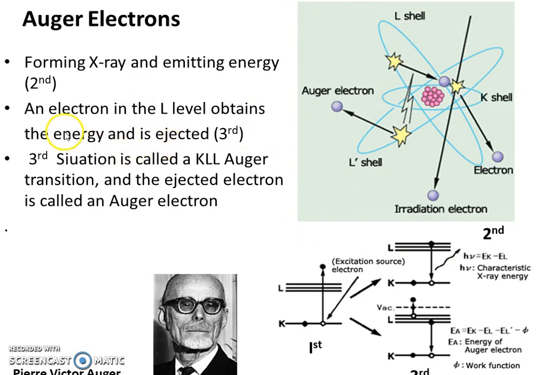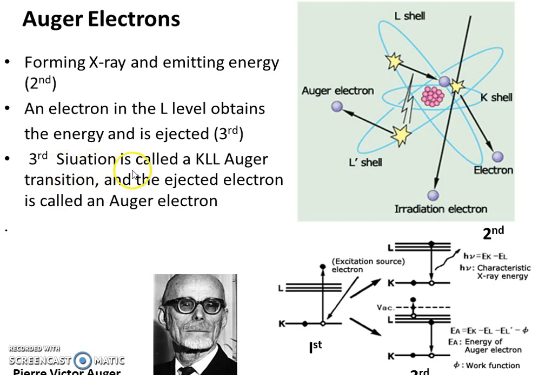And the situation is that when the electrons of the electron beam strike the electron present in the shell of an atom, the electron of the L shell may go out from the atom.